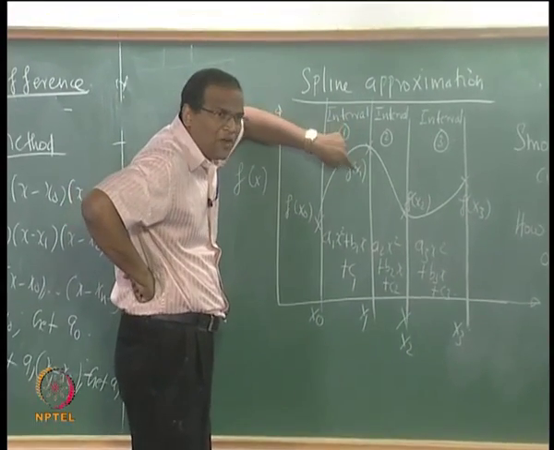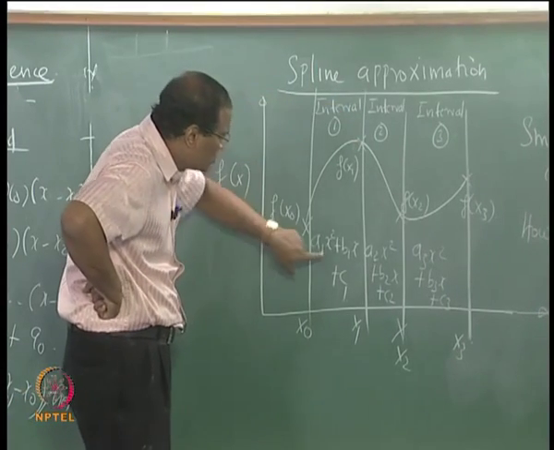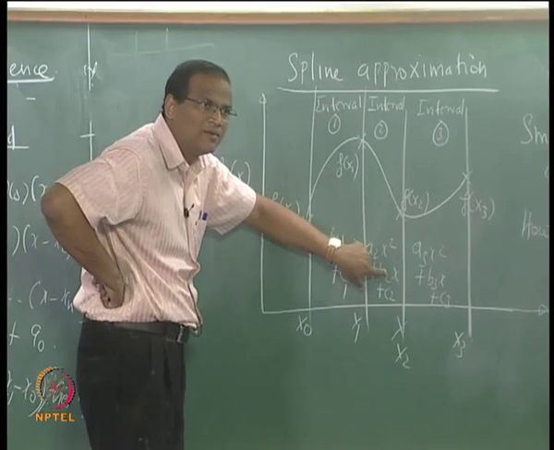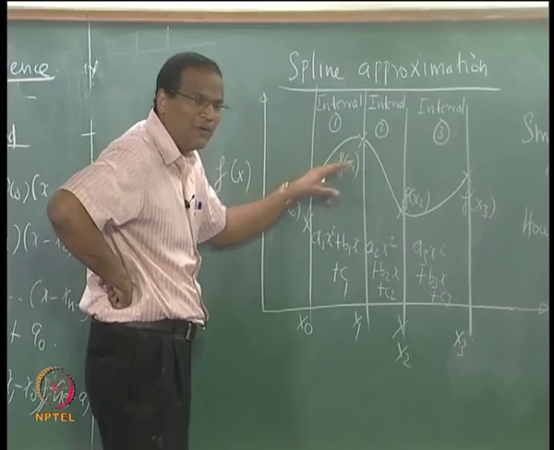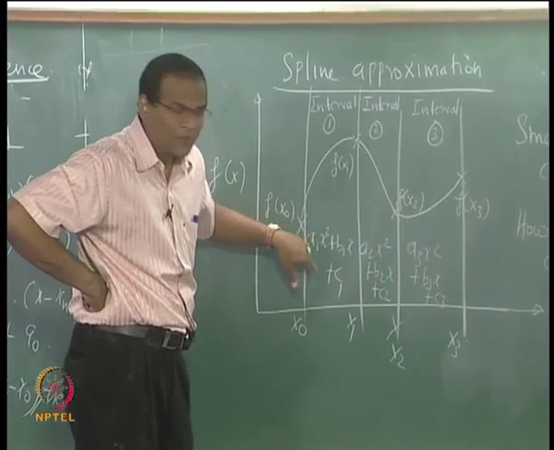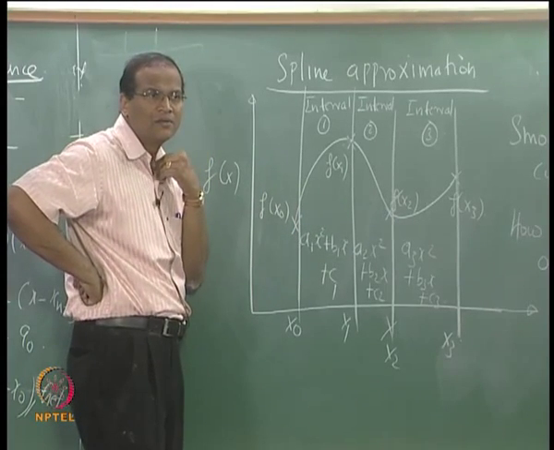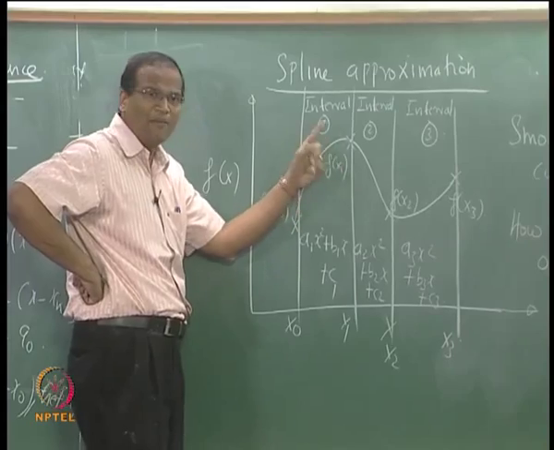At intermediate points there is only one value of f of x1, regardless of whether you use this polynomial or that polynomial. So for every point you will have two equations, coming from the polynomial from behind or the polynomial from ahead. How many intermediate points are there if n is the number of intervals? There are n minus 1 points.